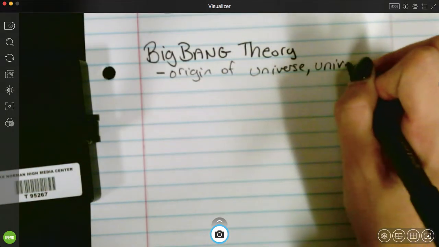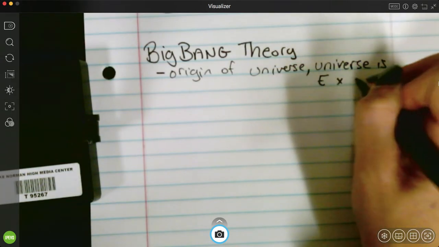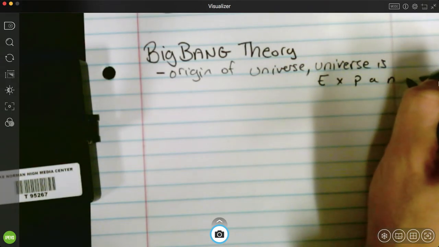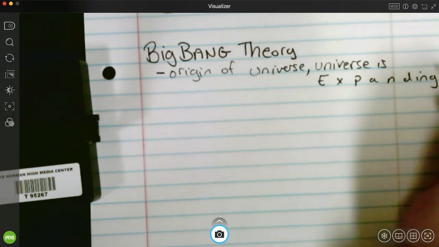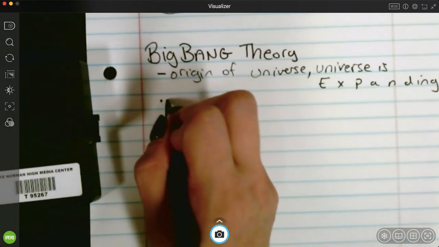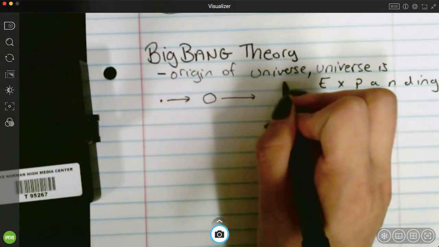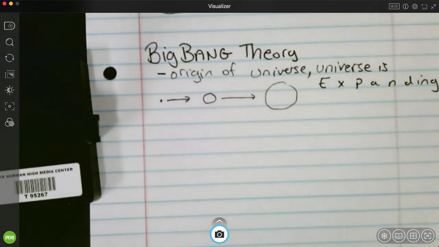And basically what it states is the universe is expanding. I'm spreading my letters out. The universe is getting bigger. So it started as like a little itty bitty dot, and then it got bigger, and it got bigger. And then it started to cool down, and that's how we made things like matter.